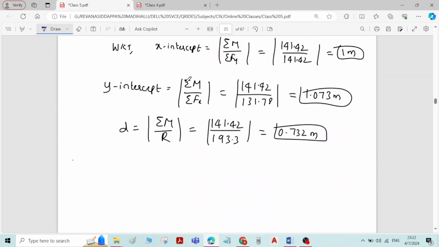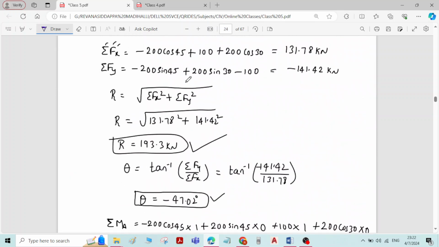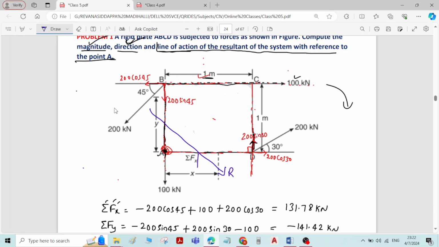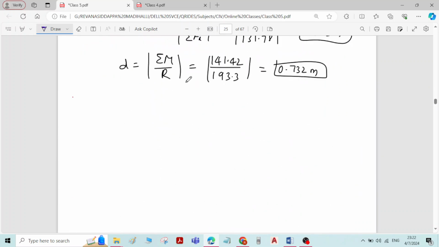We got 1 meter. 1 meter means it will be like this only.